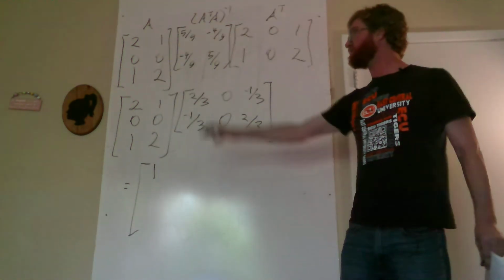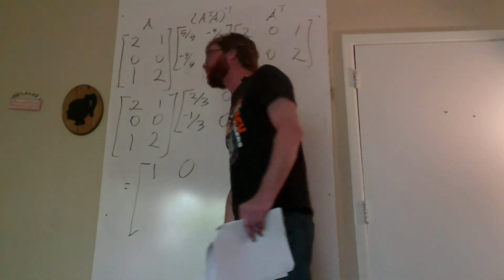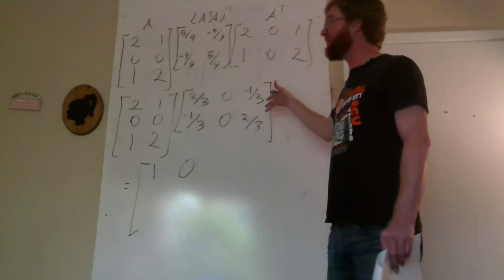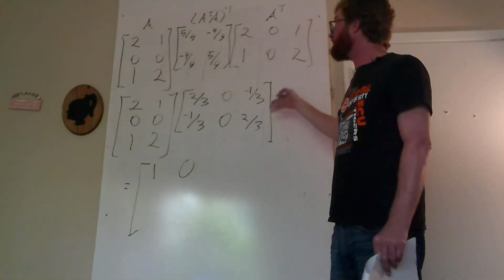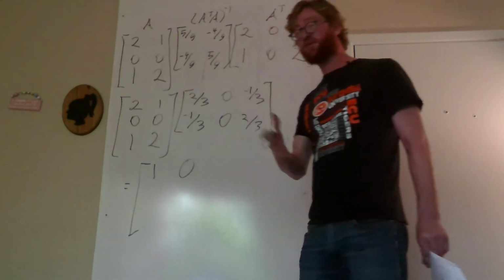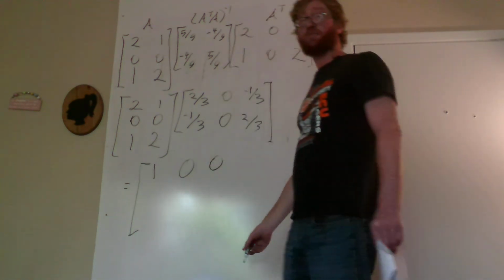Now 2, 1 acting upon 0, 0 is just going to be a 0. Now 2, 1 acting upon negative 1/3 and 2/3 would be negative 2/3 and a positive 2/3, so they cancel each other out, and that becomes a 0.